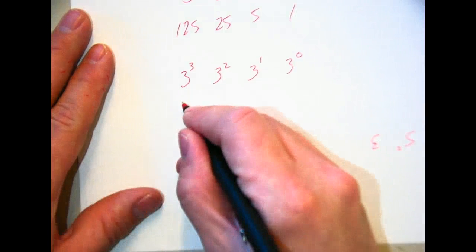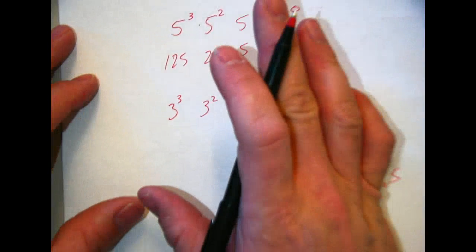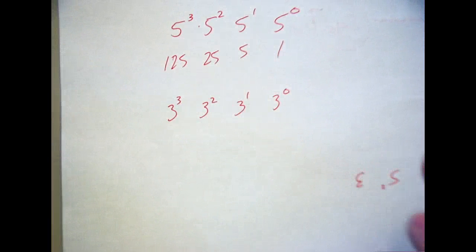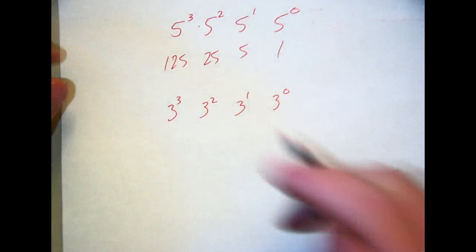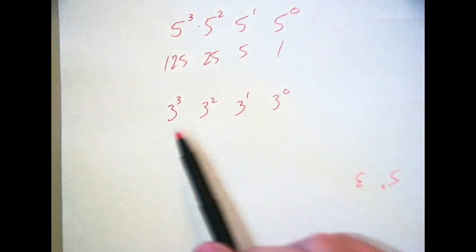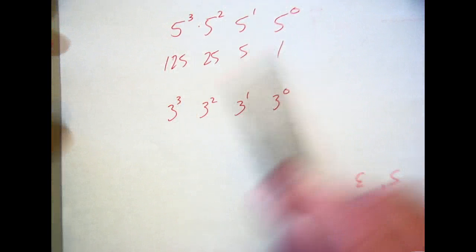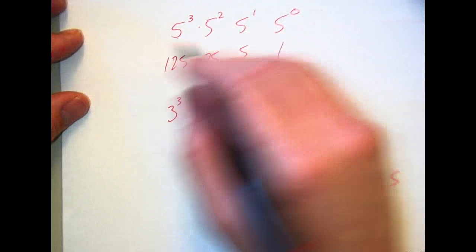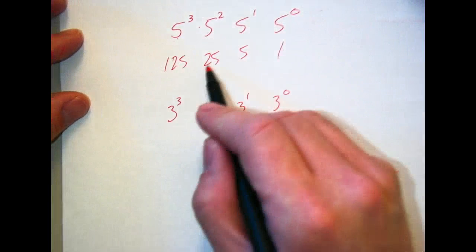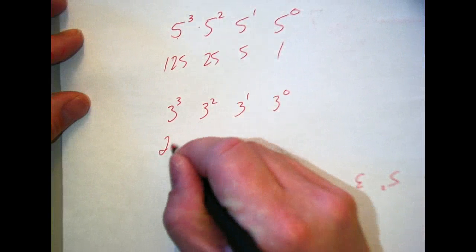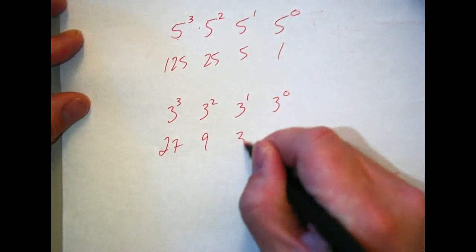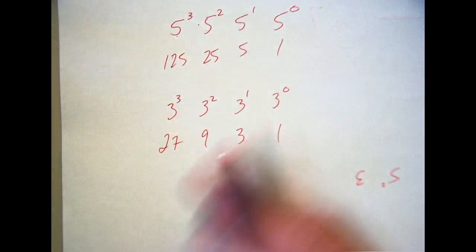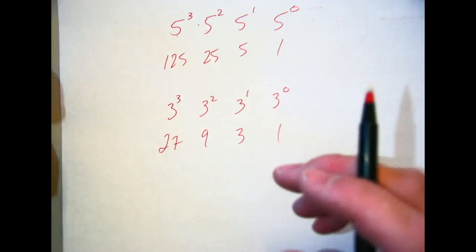And that's kind of what's happening with logs. Now it's not exactly that, but the reason you can change the base is because bases have similar things they're doing. You're dividing by a common amount here, just like when you have this base, you're dividing by 5. Here, when we have 27, we have 9, we have 3, we have 1. Here, you're dividing by a common amount. And that's happening with logs. Remember, logs are just inverses of your exponents.